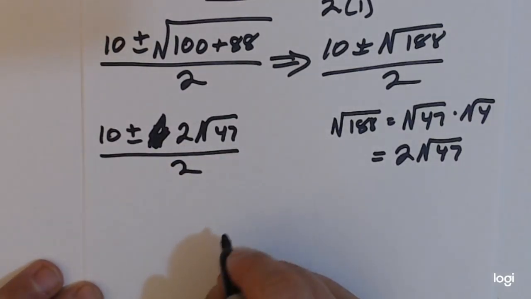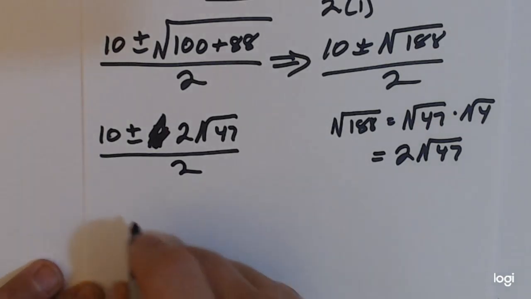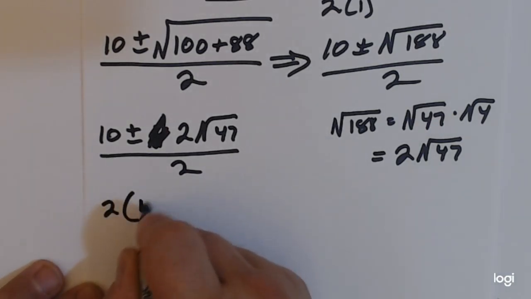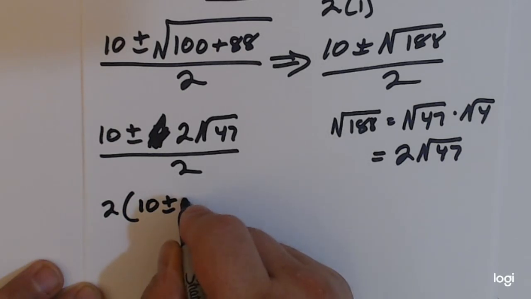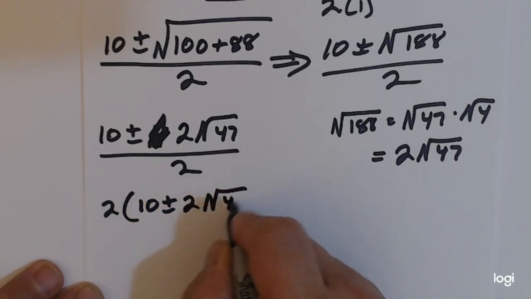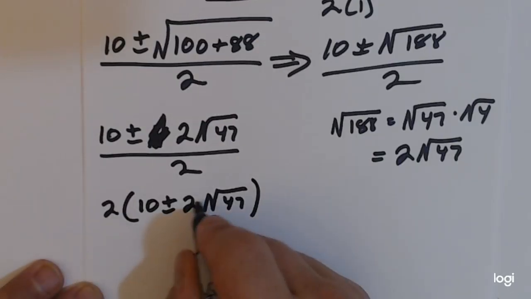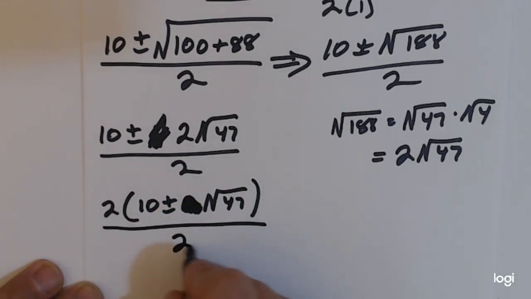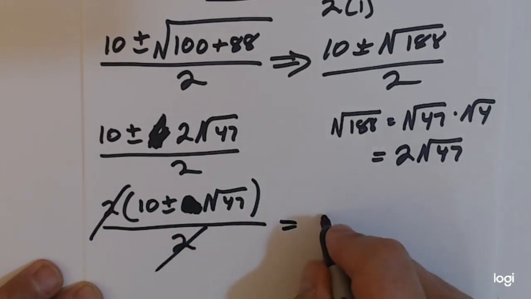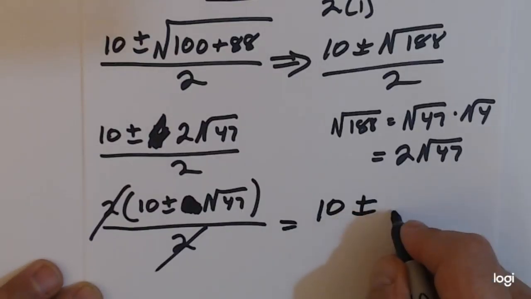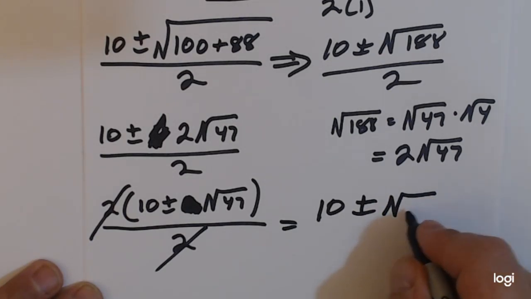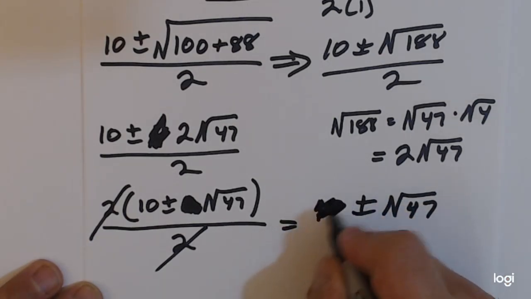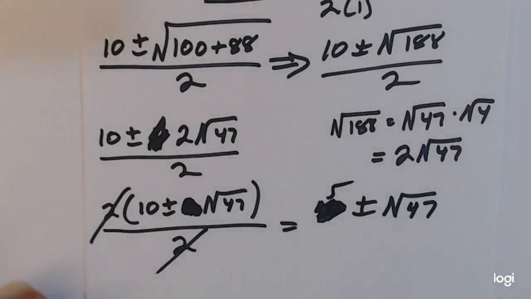We can factor out a 2 from the numerator. 2 times 10 plus or minus 2 root 47. No 2 there, sorry, little mistake. All over 2. The 2's cancel, and we're left with 10 plus or minus the square root of 47. That's not 10, that's another error, that's 5.